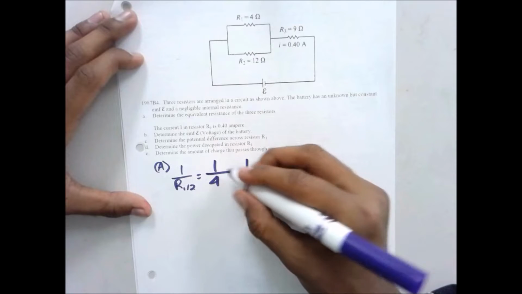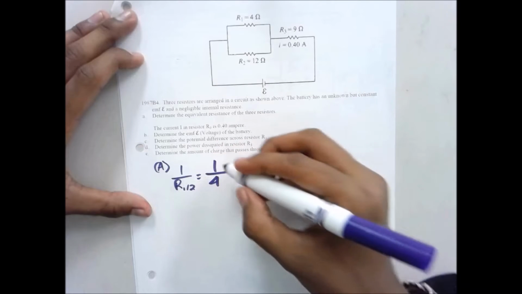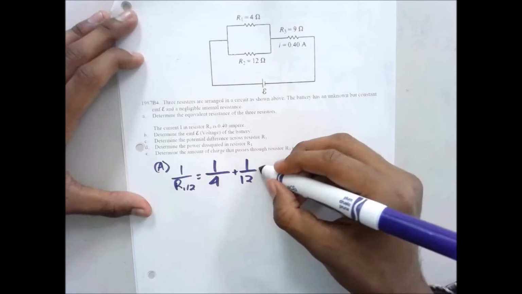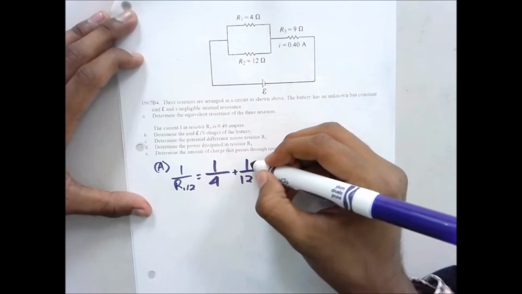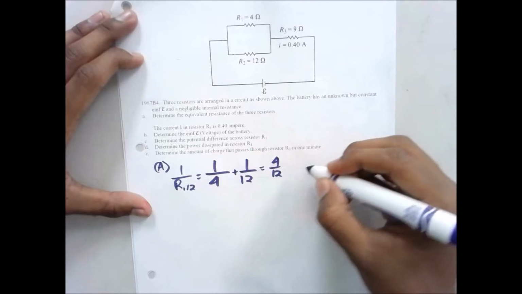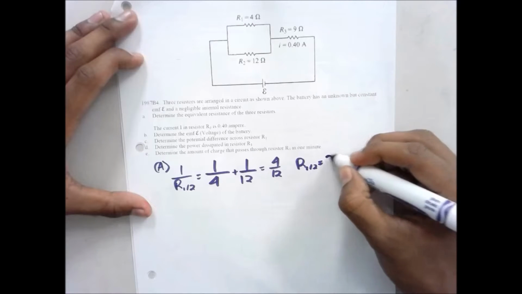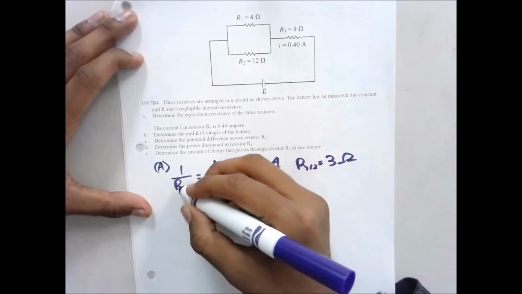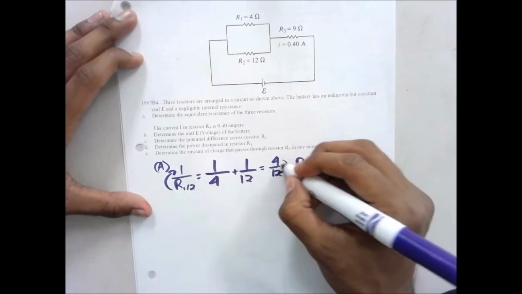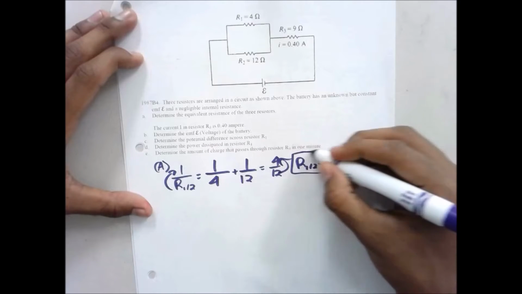parallel, we got to do 1 over R1/R2 is equal to 1 over 4 plus 1 over 12. This is equal to 3 12ths, 4 over 12. So we know that R1/2 is equal to 3 ohms, because that's 4 over 12. The reciprocal is equal to 3 ohms.